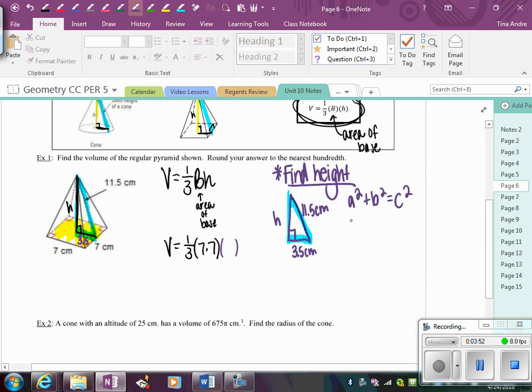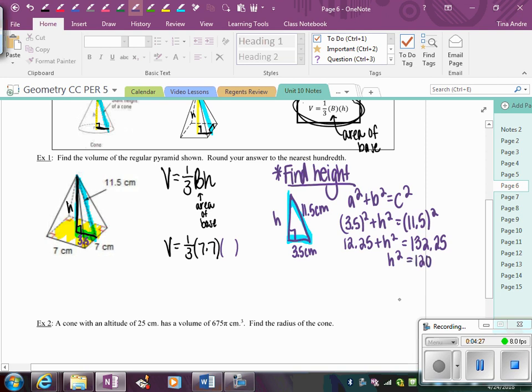So I'm going to have 3.5 squared plus h squared equals 11.5 squared. So 3.5 squared gives me 12.25 plus h squared. 11.5 squared gives me 132.25. So subtract that 12.25 from both sides. So we end up with h squared equals 120.